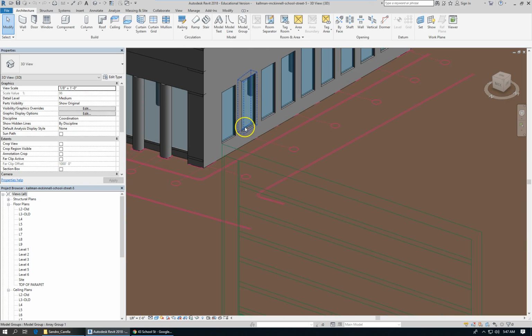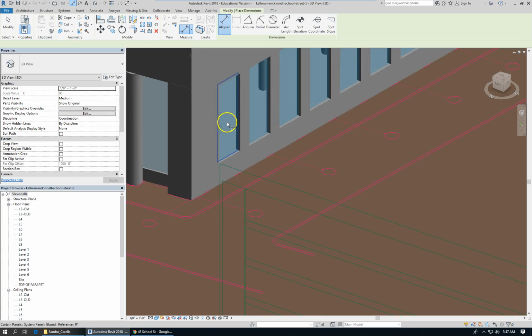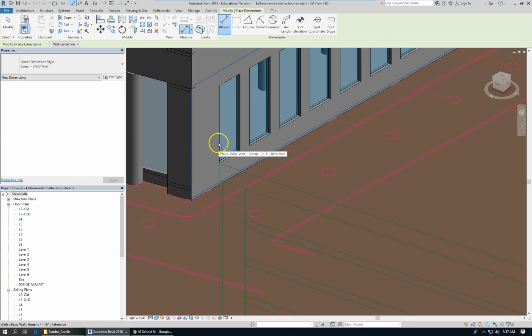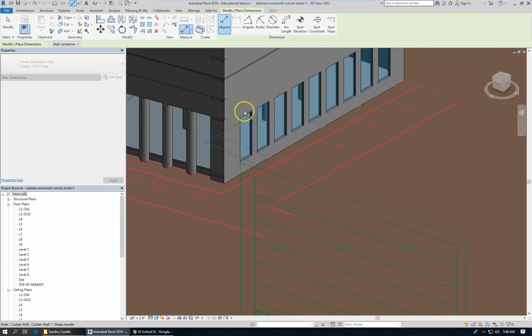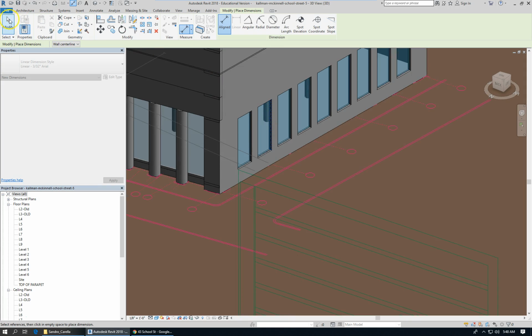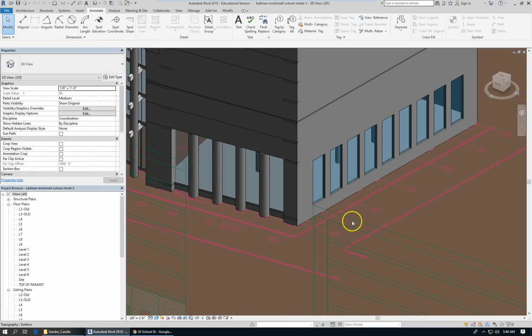So let's measure what we have so far for the width of the windows. We have 9 feet there. So we're going to say 2 4-foot windows with the foot in between.